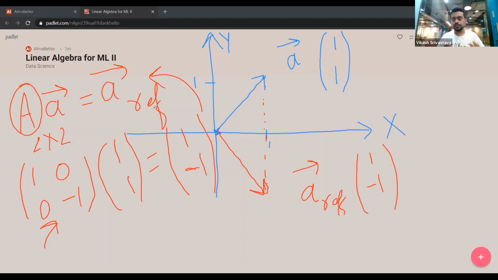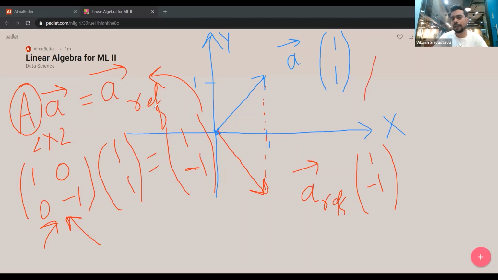Here we multiplied this matrix A with a vector A, and we got this reflected vector along the x-axis. Essentially, this is a matrix which induces a transformation equivalent to a reflection about the x-axis. Think of a matrix always in terms of a transformation. A matrix is not just an array of numbers, but it is actually inducing some transformation.